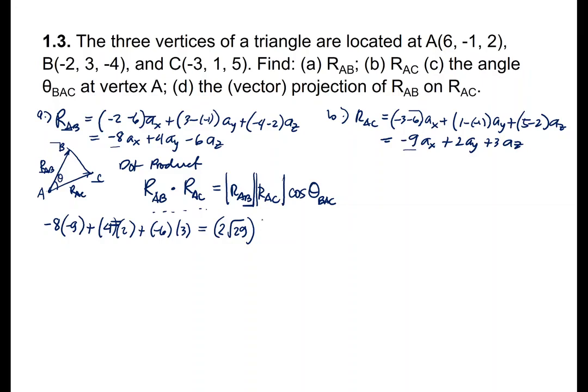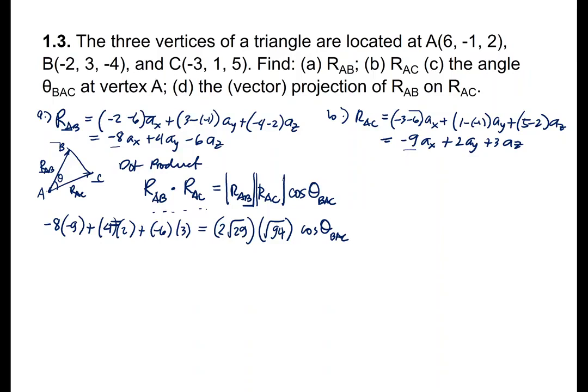Then RAC is the square root of -9 squared plus 2 squared plus 3 squared, so you have square root of 94, and then cosine theta BAC. So to get theta BAC is very simple.